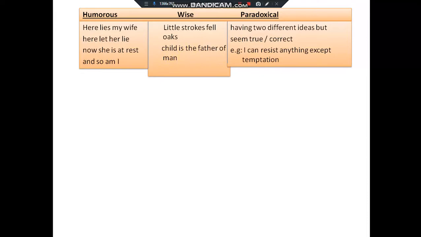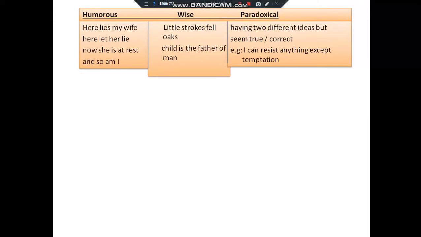It seems a truth because children do have great observation, sometimes they are better observers of the environment and the surroundings than man. So it is an example of epigram whose purpose is to show wisdom.